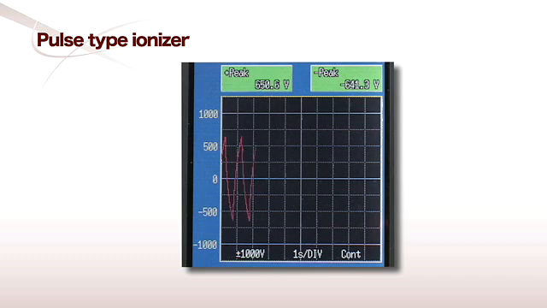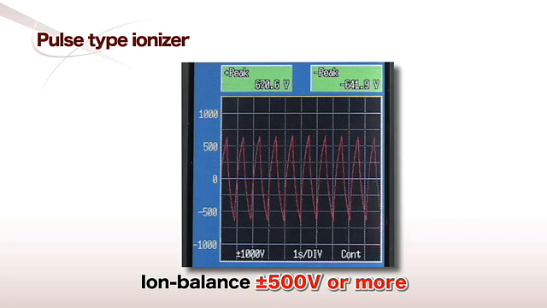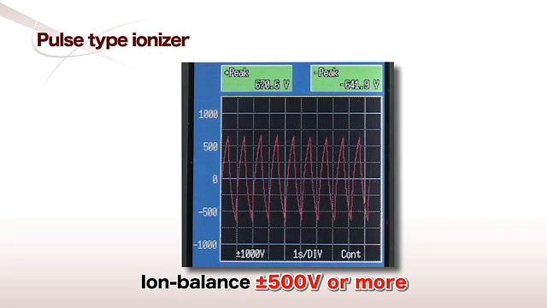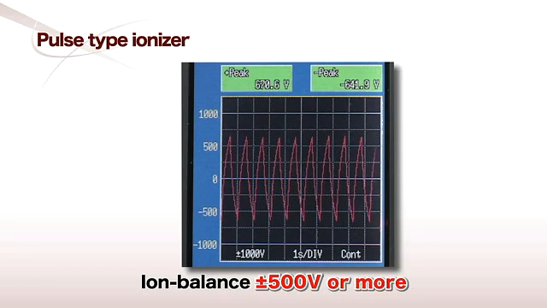Trinc also eliminates the problem of ion imbalance, which is a critical problem in the semiconductor field. In pulse ionizers, the ion imbalance within a space may reach plus or minus 500 volts, which is a hazardous environment for semiconductors.